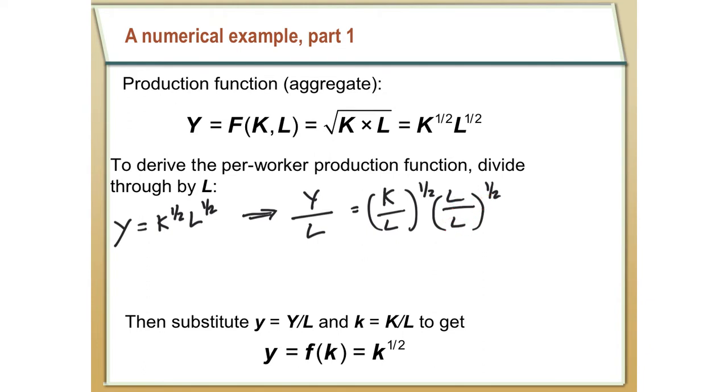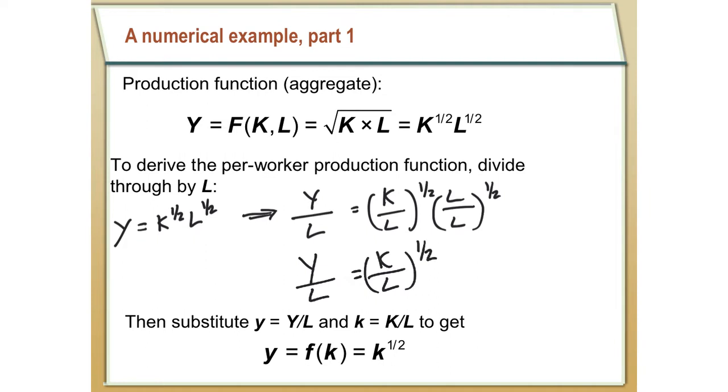In other words, the square root of 1 is just 1. So this final term is just going to disappear. And what we are left with is the aggregate production function Y over L is equal to K over L to the 1/2.